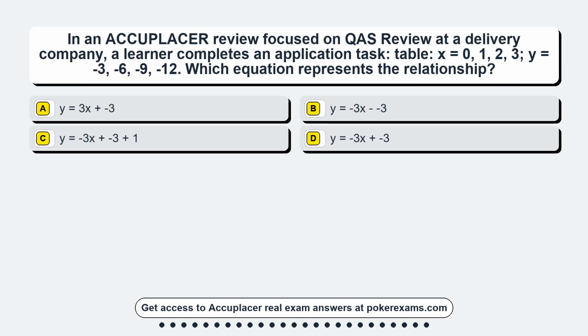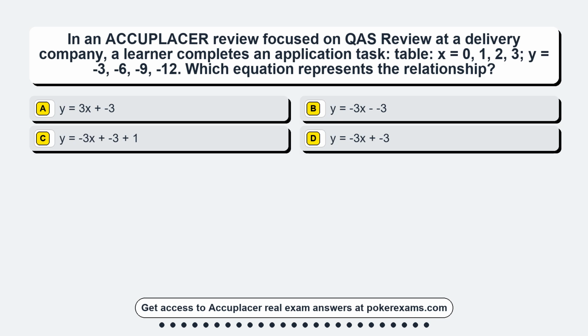Question 7. In an ACCUPLACER review focused on QAS review at a delivery company, a learner completes an application task. Table: x equals 0, 1, 2, 3; y equals -3, -6, -9, -12. Which equation represents the relationship? Option A, y = 3x + -3. Option B, y = -3x - 3.